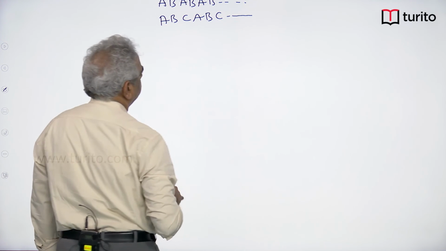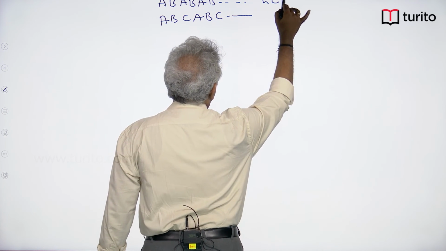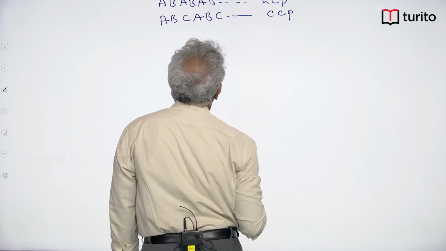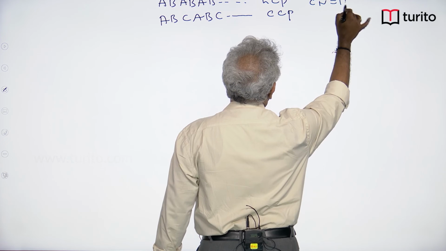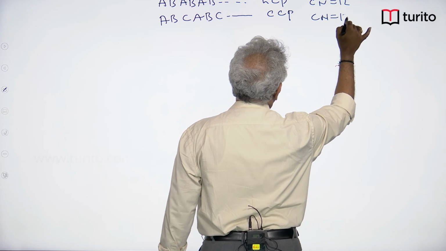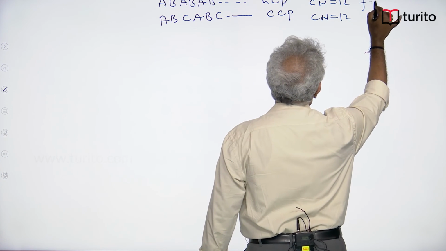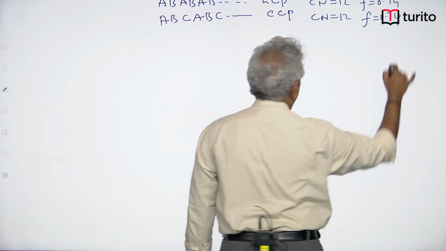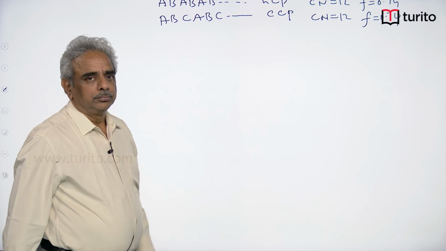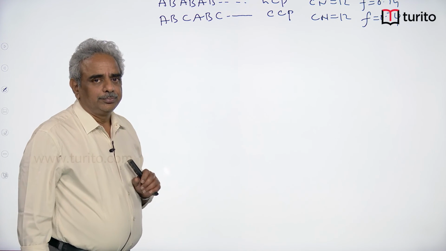This is HCP, this is CCP. In both, coordination number is 12. In both, packing efficiency is 0.74. That will always be there.